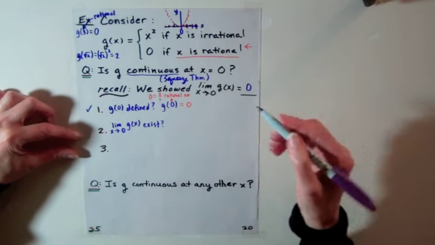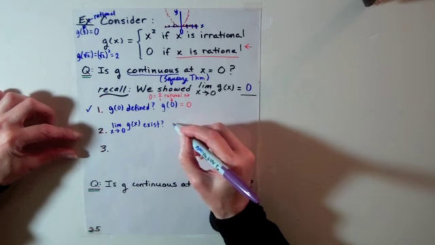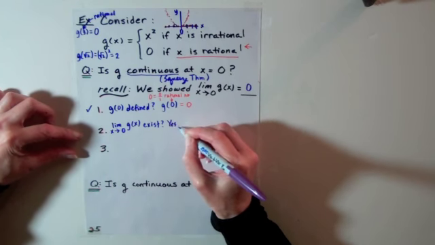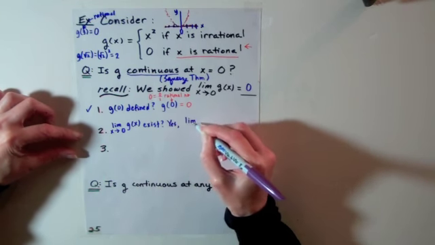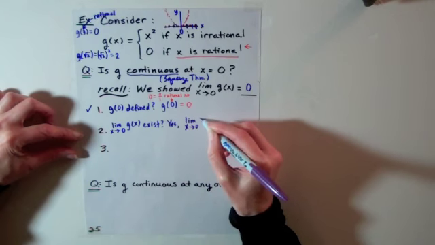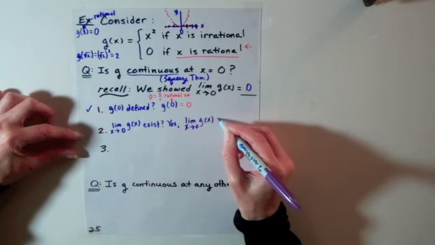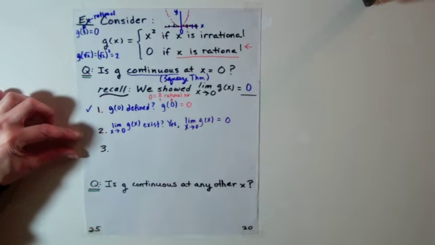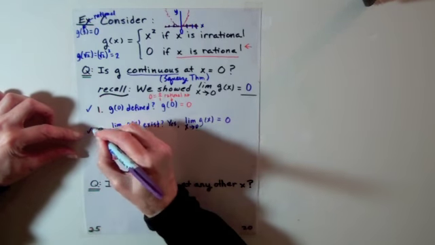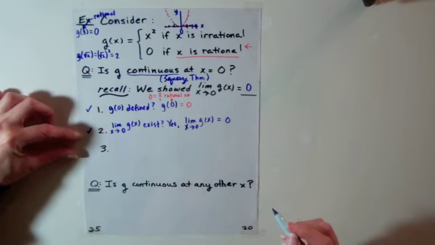So it exists and equals 0, and our function g of x satisfies the second condition of the definition of continuity.